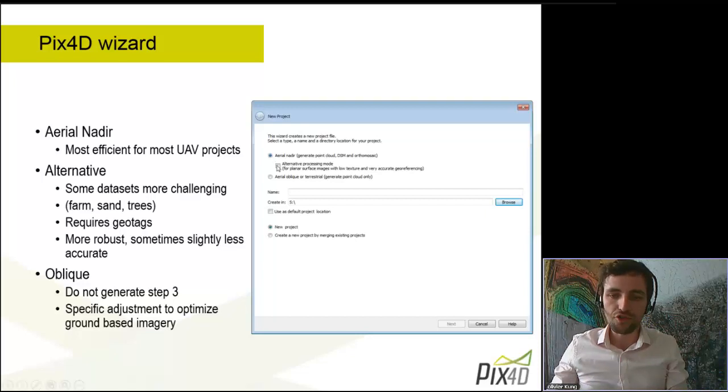However, as an option to this aerial nadir, there is something called alternative processing mode. This alternative processing mode is made especially for when you have some very challenging data sets. As explained in other webinars, some of the very challenging data sets are like farms, with fields, sand, trees.